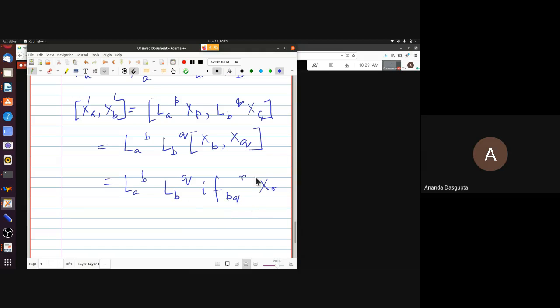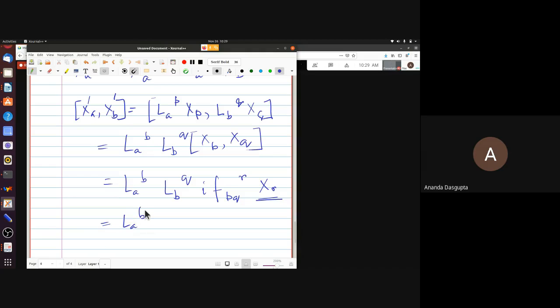But this is not enough to tell you what the new structure constants are. So you're writing [x'_a, x'_b], right? If you could expand that in terms of x'_c, you will get f'_abc. But you have x_r sitting here.